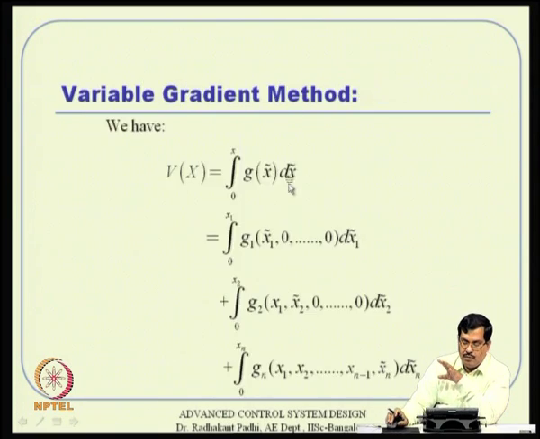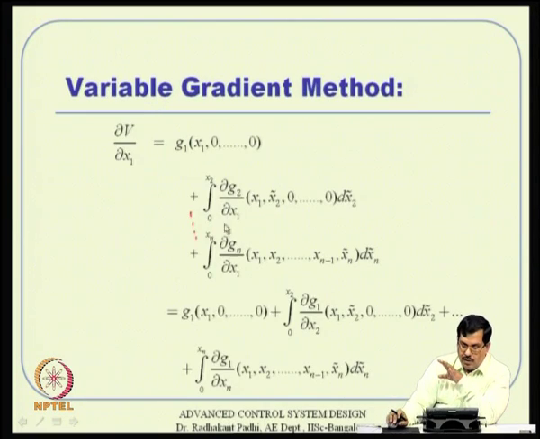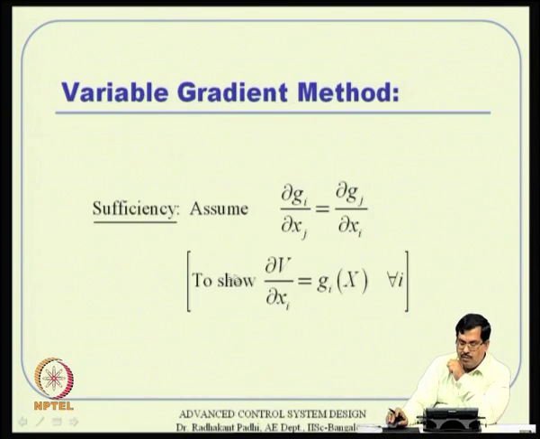So, if I invoke that and evaluate, what will happen? This is actually del g1 by del x2 integrated over x2, and similarly the last one is del g1 by del xn integrated over xn. So, that is what will simplify the procedure, that is what is written here. So, from this expression to this expression I have invoked this condition.